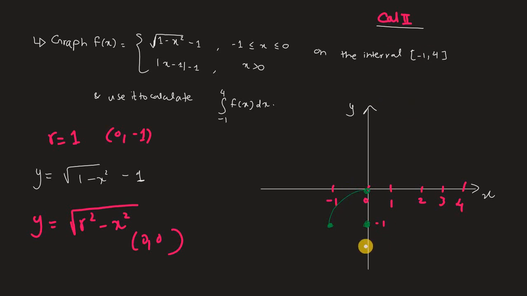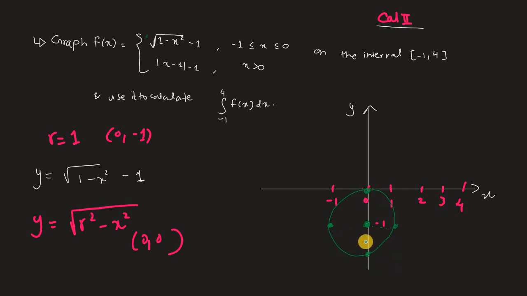And if we were asked to draw the full circle, like if we had a positive and negative over here, then it means that it's a full circle. In that case, you would extend it to 1, then you would put a dot over here, and then you would extend this 1 over here as well, and then you are going to complete the circle, and this is how it's gonna look like.